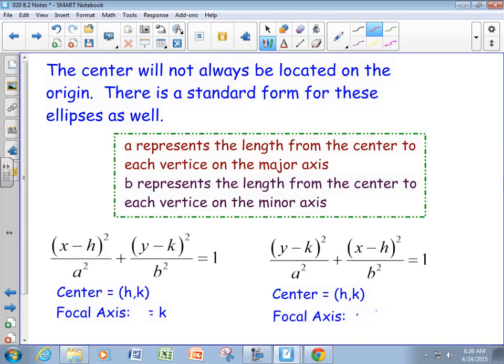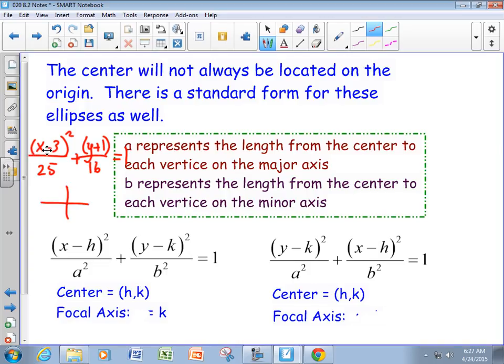Just a quick example here. If I maybe make up x minus 3 over, say, 25 plus y plus 1 over 16 equals 1. If this is our equation, again, the A squared is that major axis, the one that's longer, so that's how I know that 25 is my A squared, and it's going in the x direction.